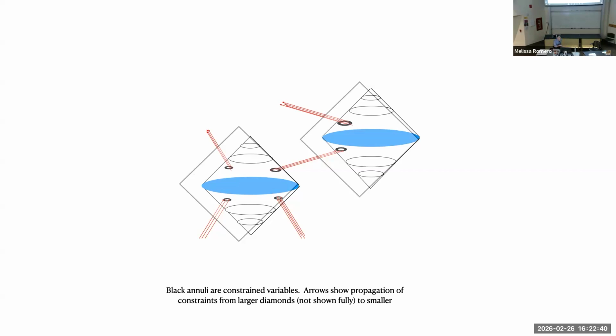So this picture is supposed to show you how that works. It's a very clumsy picture. You have a larger causal diamond. There were some suppressed qubits on the larger one that propagate into these suppressed qubits here. Similar thing here. Then the suppressed qubits here propagated out through here, got into this causal diamond. And you can see how pictures like this can sort of mock up Feynman diagrams for particles propagating in space-time.